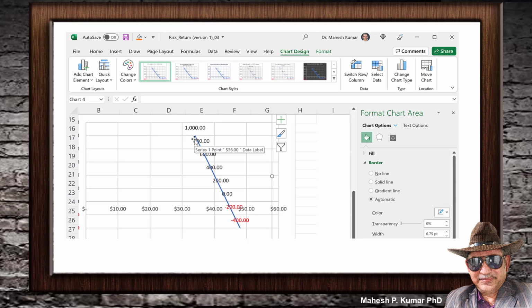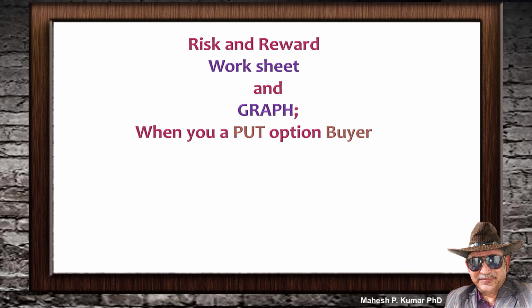So this is the profit situation at various points. This way you can prepare your risk reward worksheet and also the graph when you are a put option buyer or when you short your stock and later on purchase it.